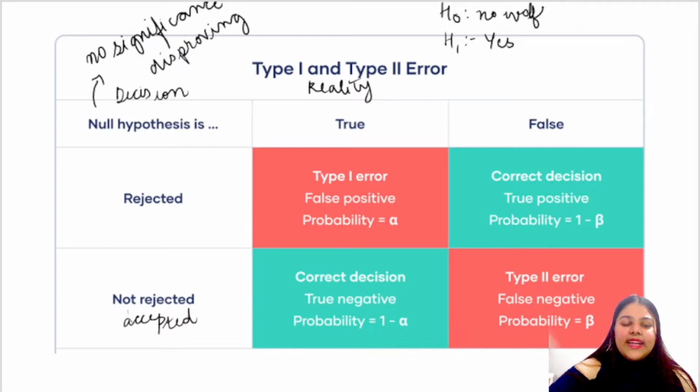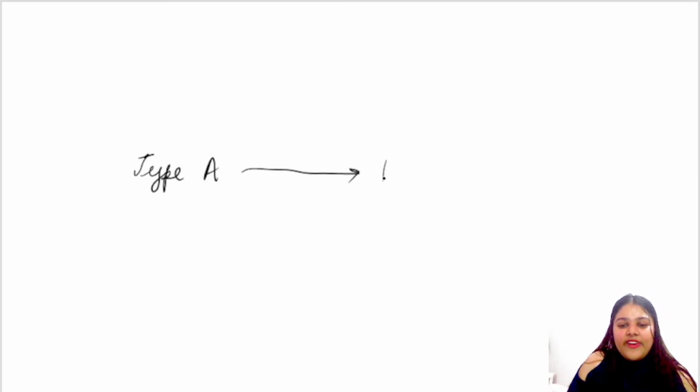Now let us look at it by taking an example of a research problem. For example, there is a researcher who is conducting a study of the effect of a particular medicine, type A medicine. For example, this is a hypothetical medicine, and I want to see its effect on treating depression.